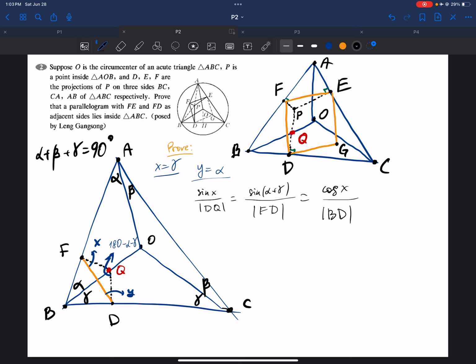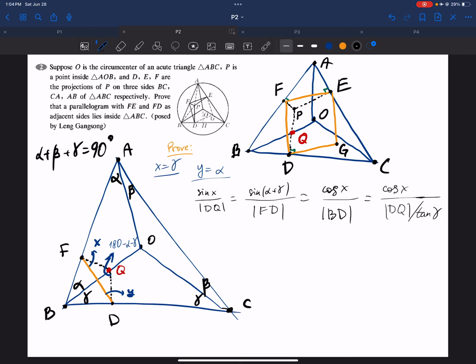But BD and DQ are actually related by the tan of gamma, right? We get that BD is actually, what is it? DQ divided by tan gamma, right?